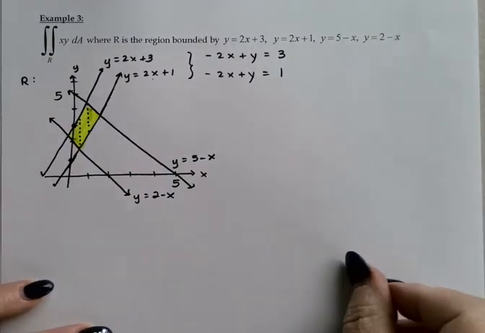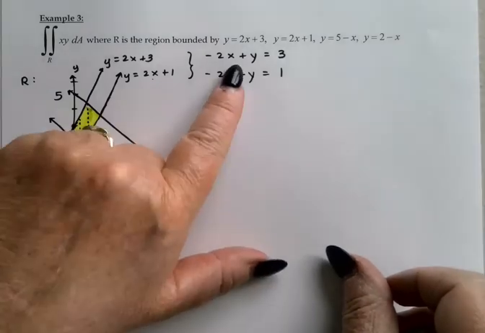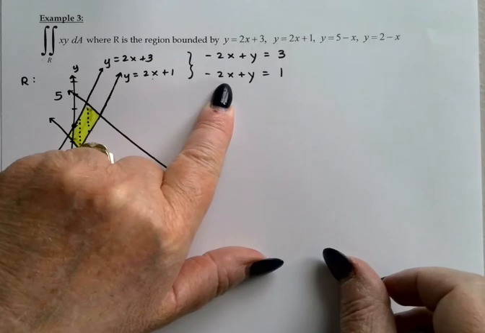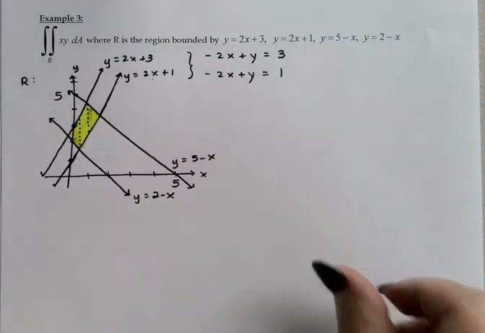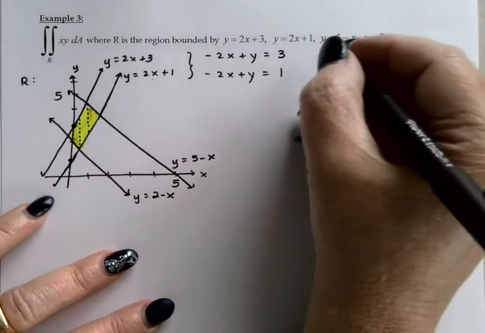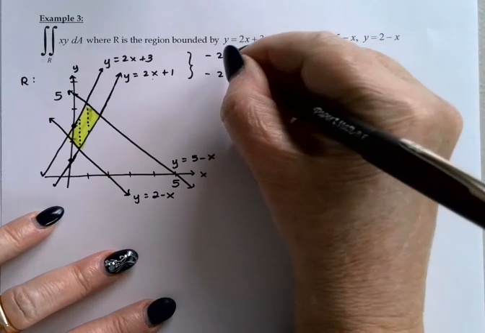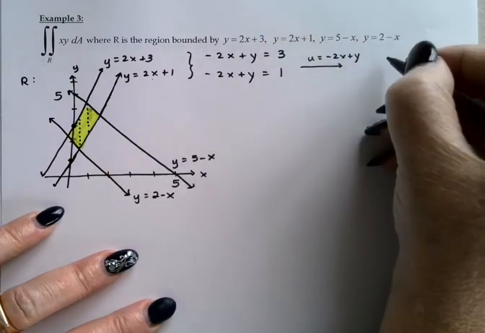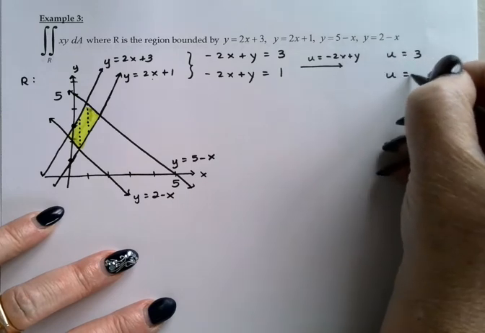What that suggests to me is maybe one of my new variables should be equal to negative 2x plus y, because then that new variable could just go from 1 to 3 and be really, really nice. So let's do that. Let's let u equal negative 2x plus y. That way I go from u equals 3 to u equals 1.